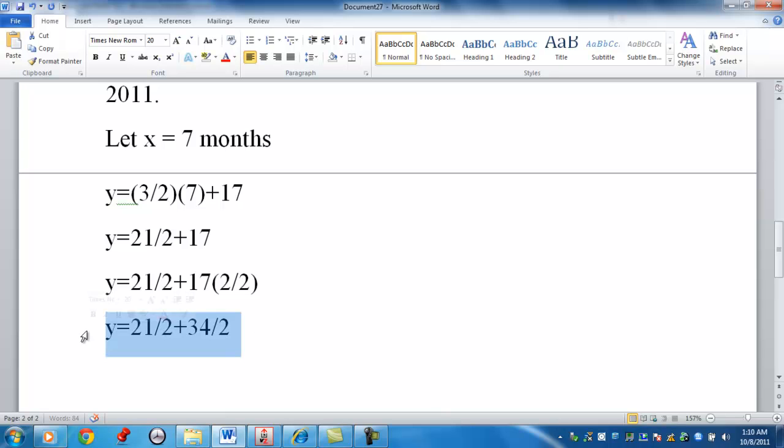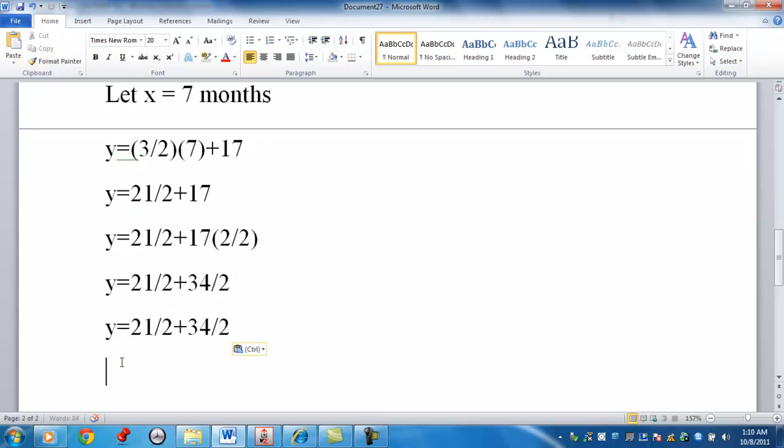And if I combine these two here, 21 plus 34, it's going to be 55, or 55 divided by 2.